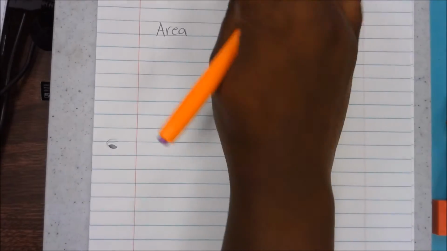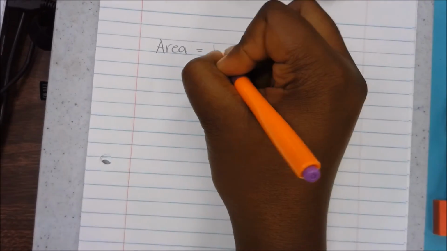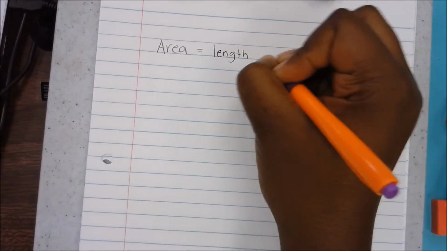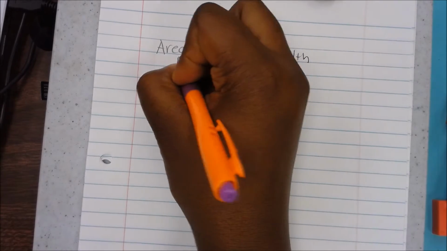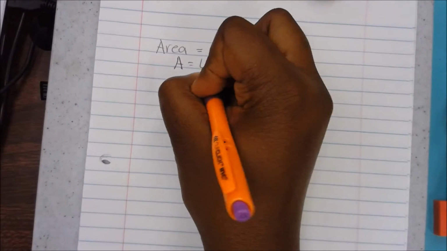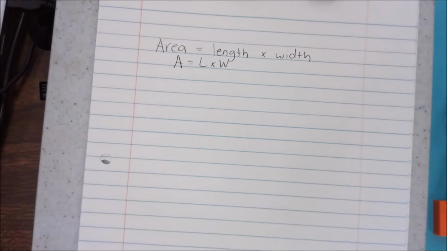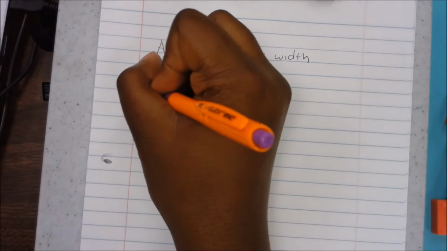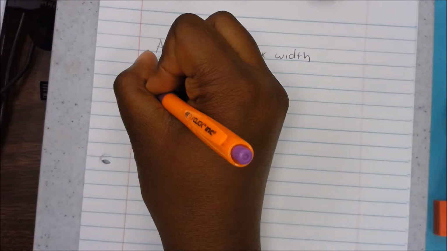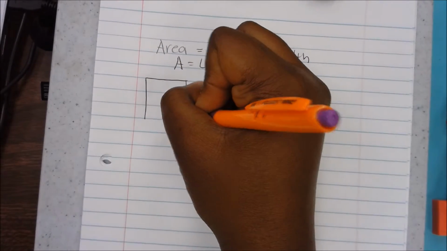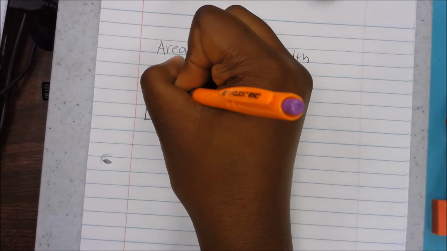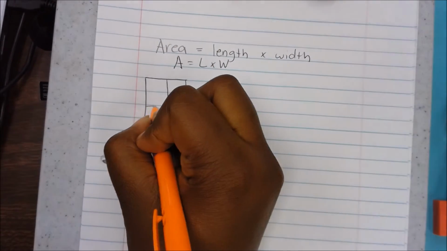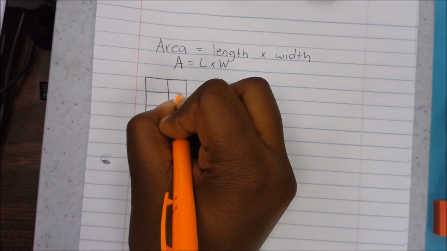So now that you understand the formula for area, we know that area equals length times width. Sometimes you see it written in shorthand where A equals L times W. That is how we figure out area. In the beginning, you'll sometimes see a shape drawn like this, where it's already filled in with squares.